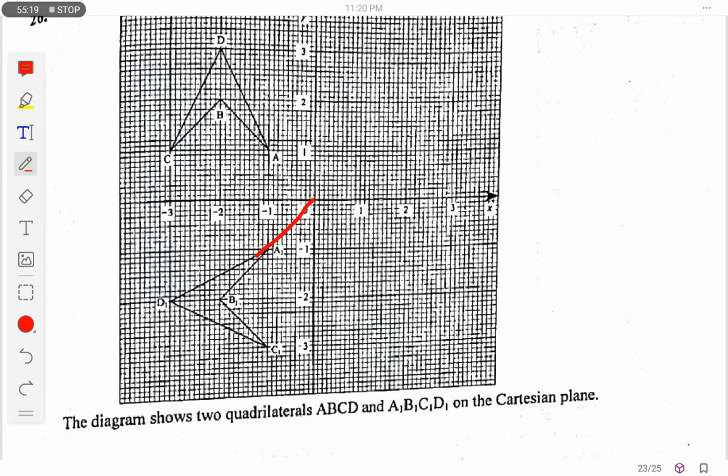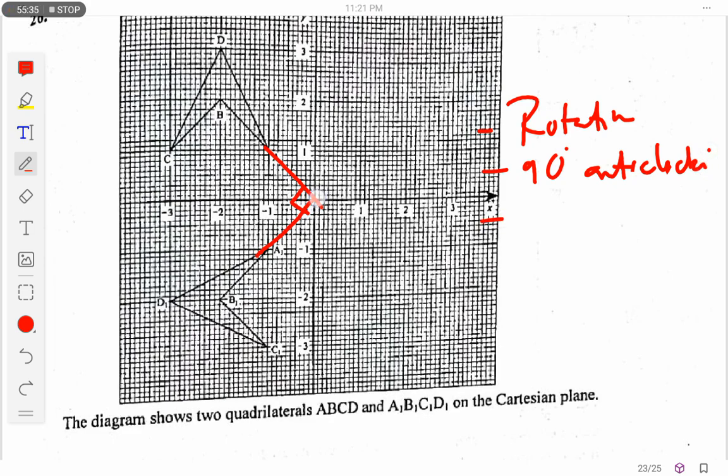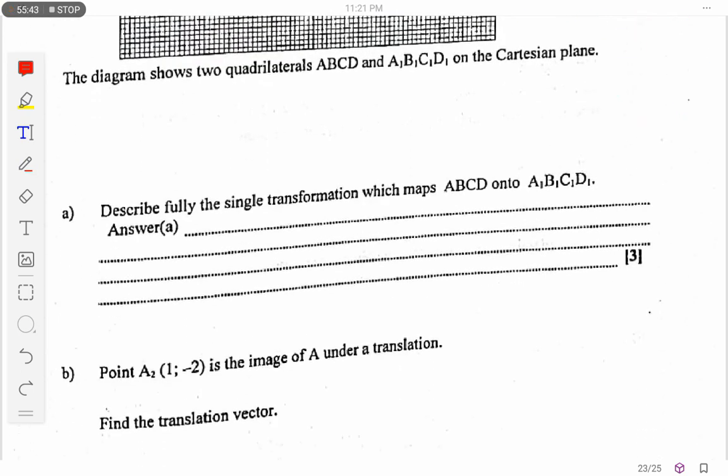I can take this point and take this point there, and this is 90 degrees. So I can say this is rotation, 90 degrees anti-clockwise direction, and center is the 0, 0 there, or origin. Okay, that's how you describe, you get yourself 3 marks there.